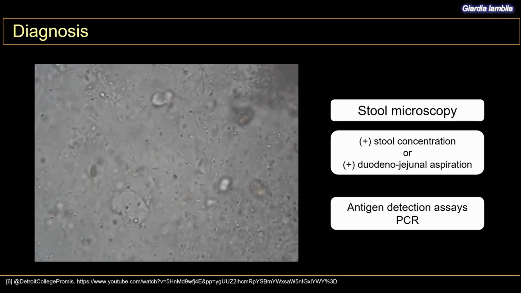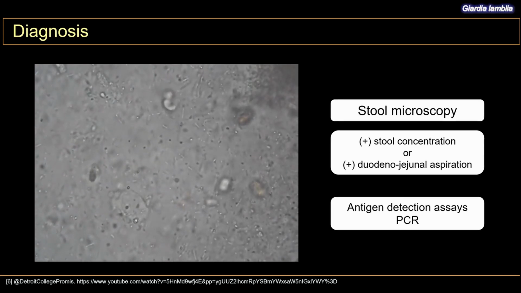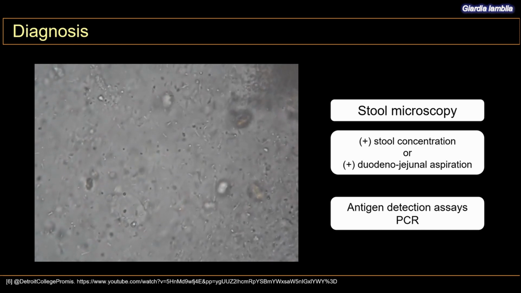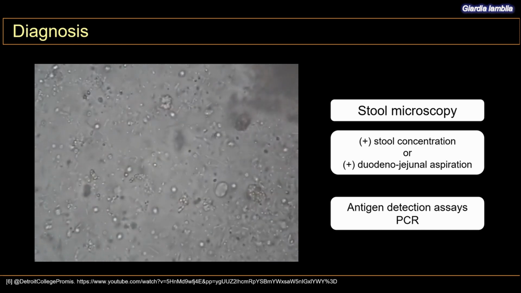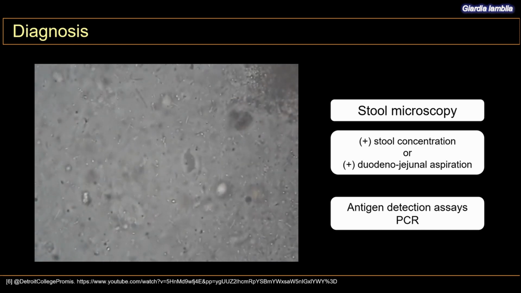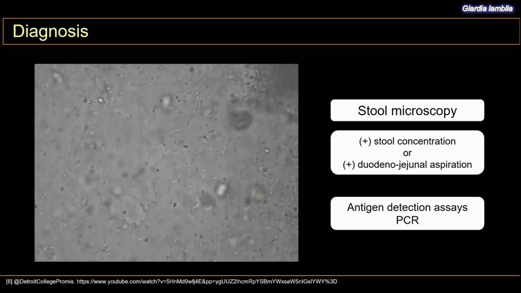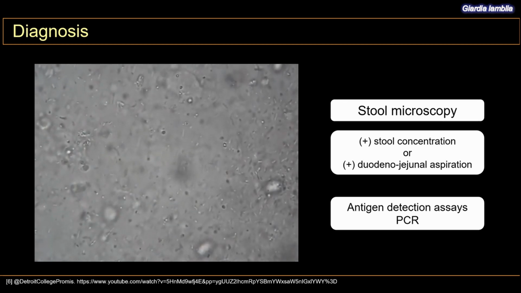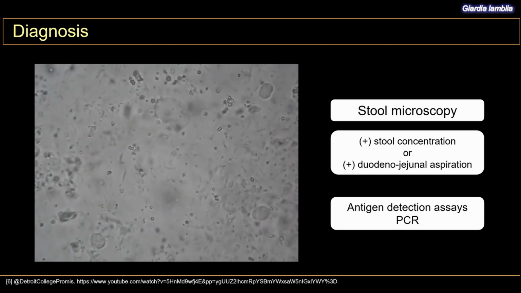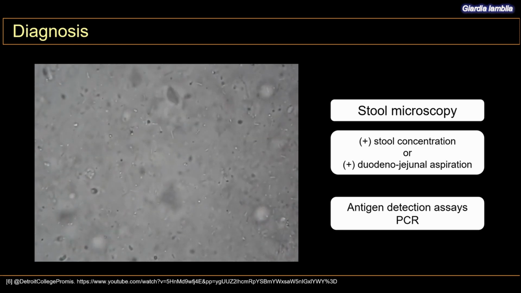Definitive diagnosis of Giardia infections is primarily done by microscopic visualization of either cysts or trophozoites from fresh stool samples, usually using direct fecal smears. You should be able to see the characteristic falling leaf motility exhibited by live Giardia trophozoites.